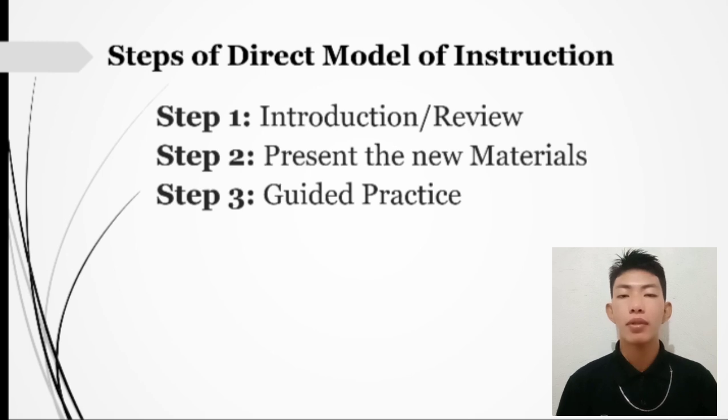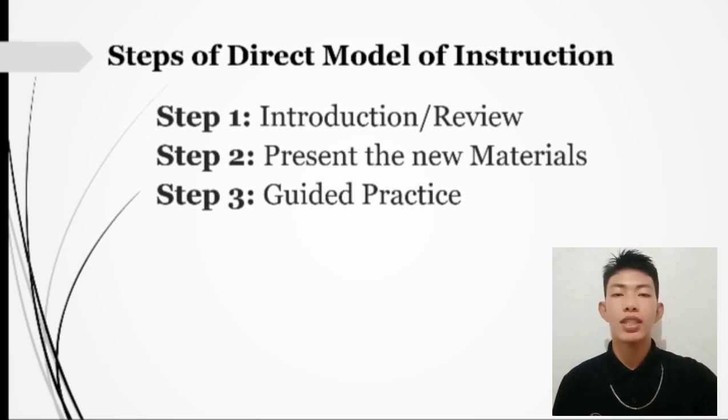The main purpose of this step of direct model of instruction is to guide initial practice, correct the mistakes, reteach if necessary, and provide sufficient practice until students can work with that matter or activity independently. It is very important to ask good questions to assess the level of understanding of the students about the concept or discussion that you have discussed.